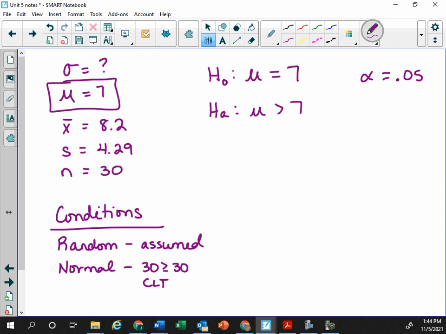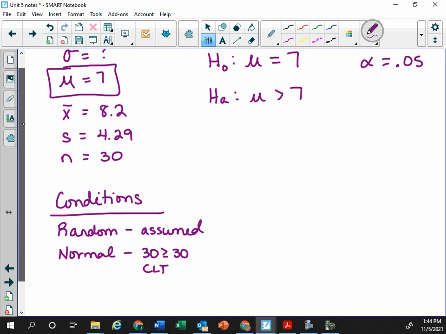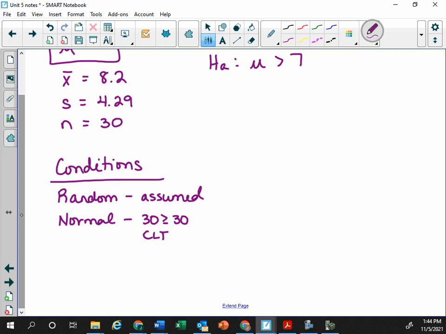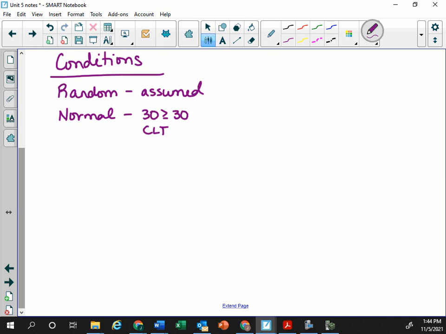Okay, now we're ready to actually do the test. We've already stated what test it is. It's really good to write the formula that you're using. I'm going to go below my conditions here to do this. We're doing a t-test, so I want to write down what t is equal to.